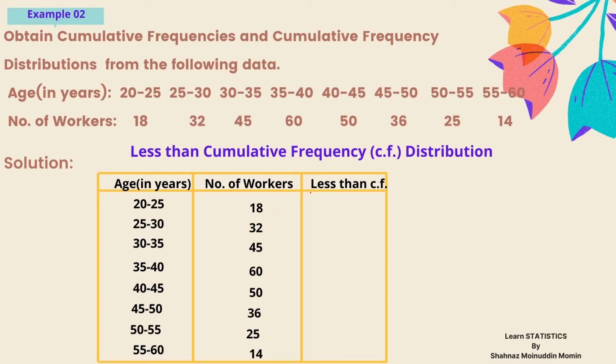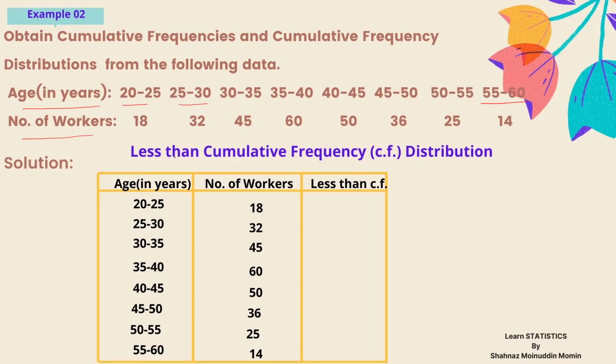Here we are given the age in years and the number of workers. The age in years is classified into different classes as 20 to 25, 25 to 30, likewise up to 55 to 60, and the corresponding number of workers in the respective classes are given.